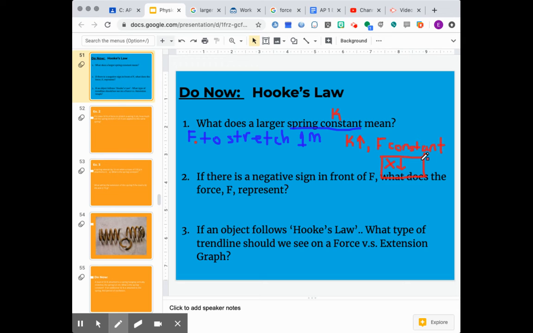Number two, if there's a negative sign in front of the force, what does that negative sign mean, and what does that force represent? We know that we're talking about a spring with a mass. That stretch, x, occurs when a spring is at equilibrium and then we add a mass to stretch it to some new rest point.